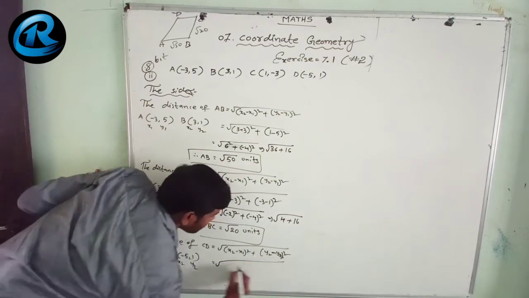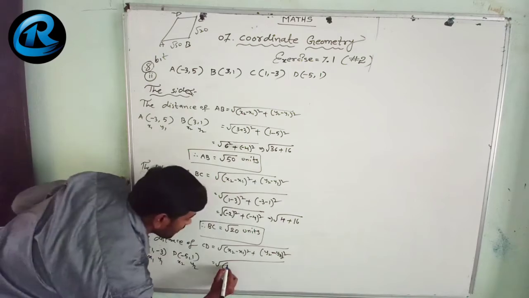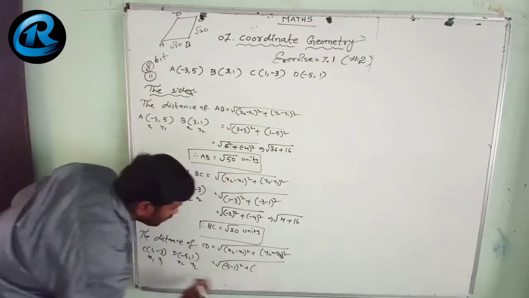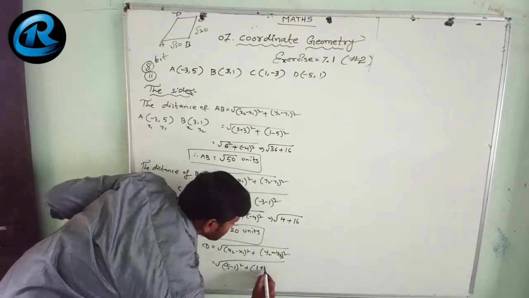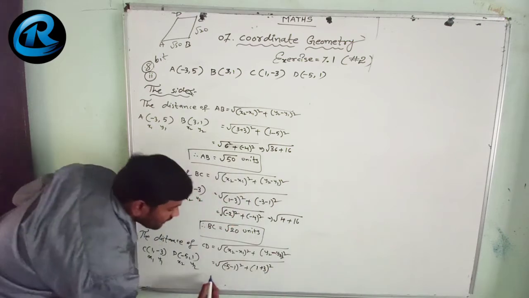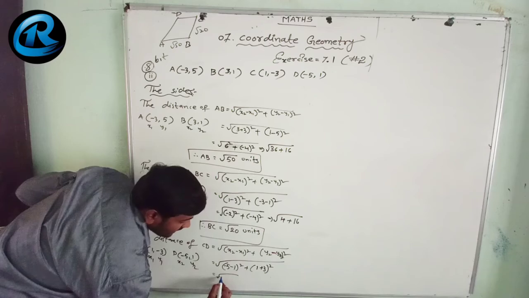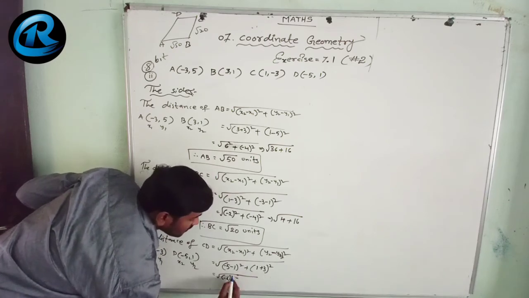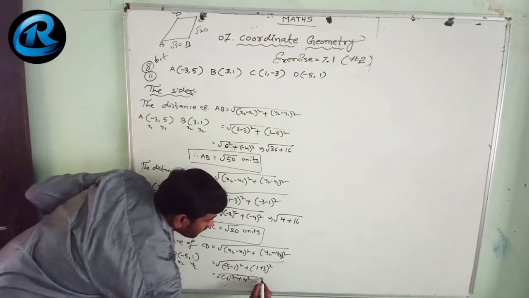That equals under root of x2 minus x1, minus 5 minus 1, whole square, plus y2 minus y1, 1 minus of minus 3, that is plus 4 whole square. Minus 5 minus 1 is minus 6 whole square, plus 1 plus 3 is 4 square.